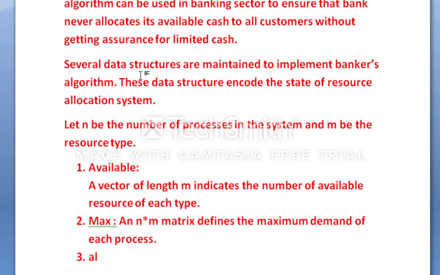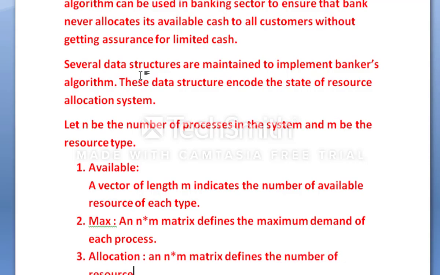The next is Allocation. Allocation is an n cross m matrix that defines the number of resources of each type currently allocated to each process.